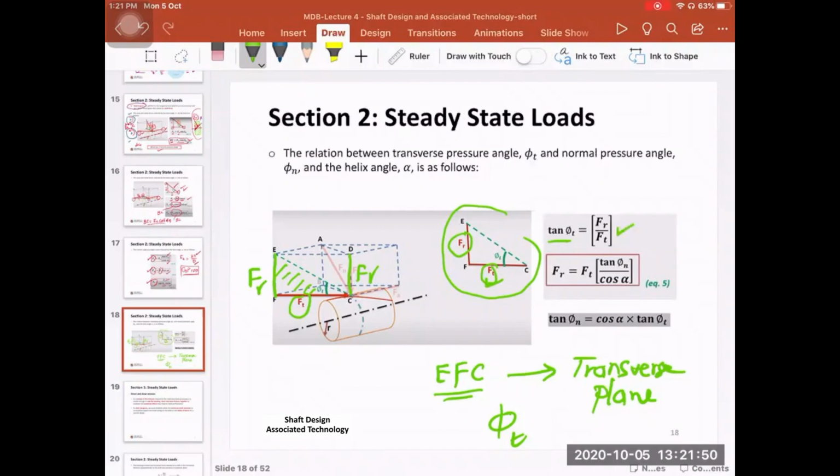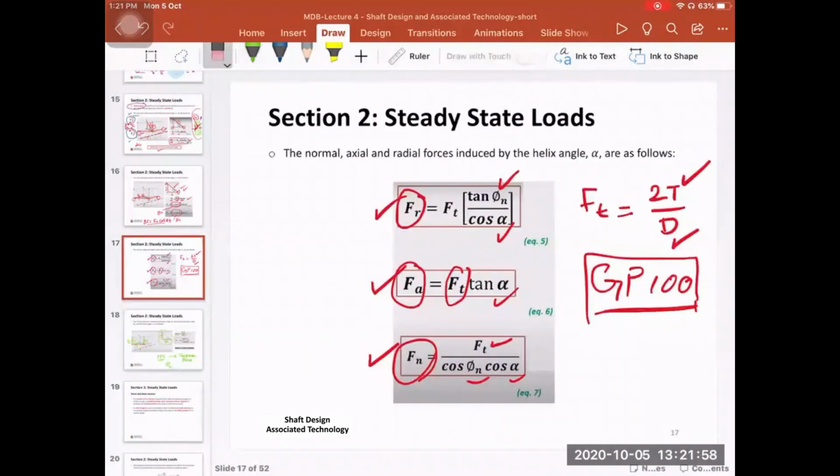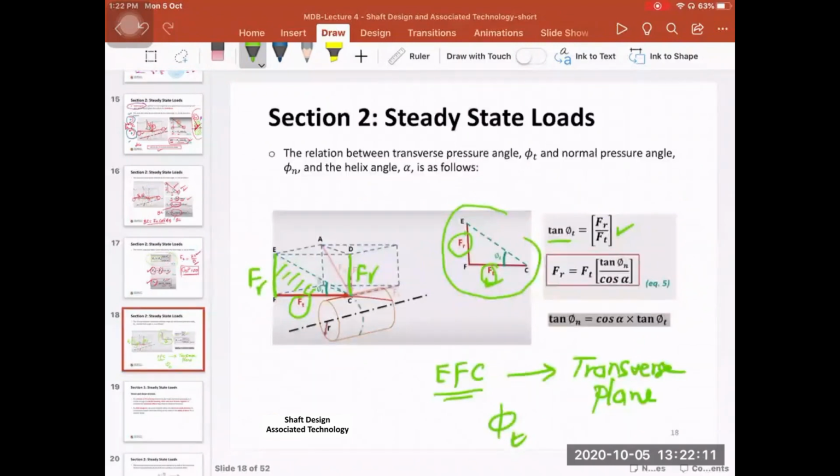This is one equation. And then based on the previous equations, if you go back here, you will find the relation here, this equation number 5. There is a relation between FR and FT. So if we take this equation number 5, then go here and take this equation that is based on the triangle in the transverse plane, we can find the relation between these two pressure angles, phi n, which is the normal pressure angle, and phi t, which is the transverse pressure angle.